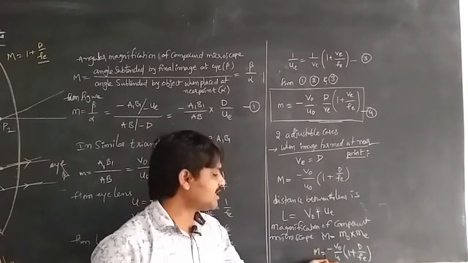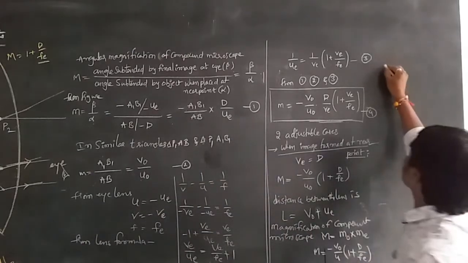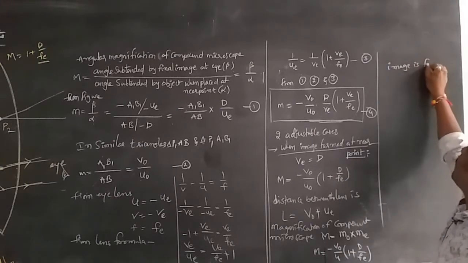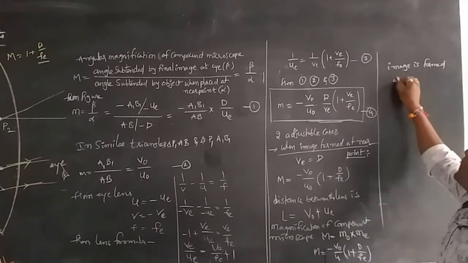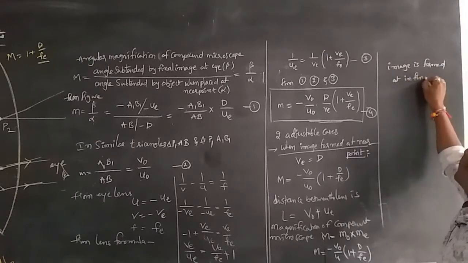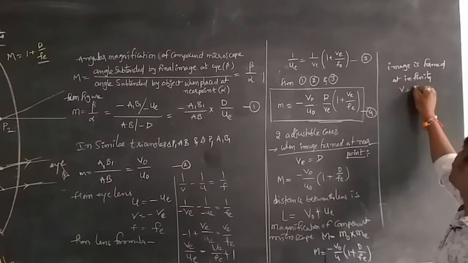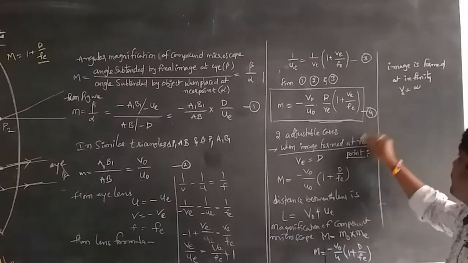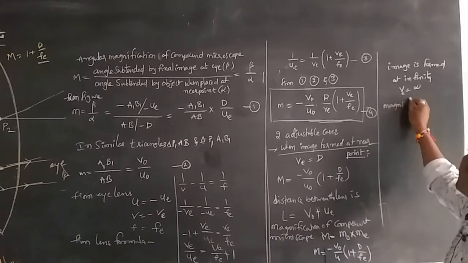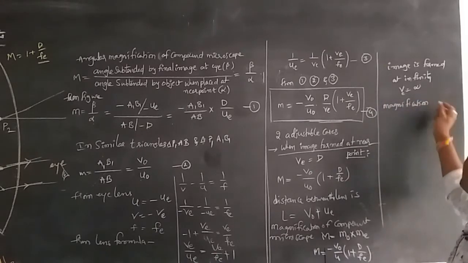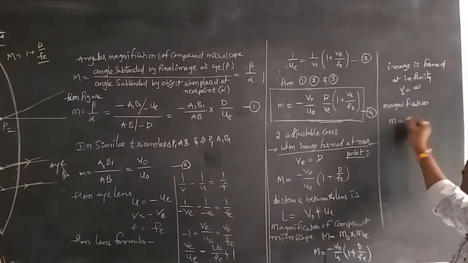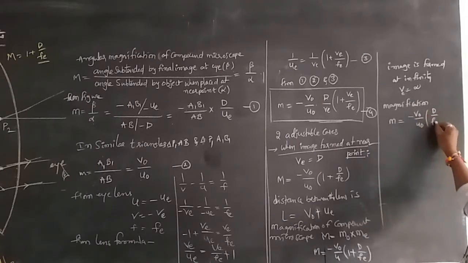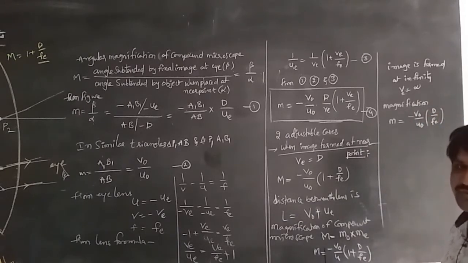In case the image is formed at infinity, meaning the image distance V is equal to infinity, then the magnification of the compound microscope will be m is equal to minus V naught by U naught into D by FE, since D by FE is the magnification of the eyepiece from the simple microscope.